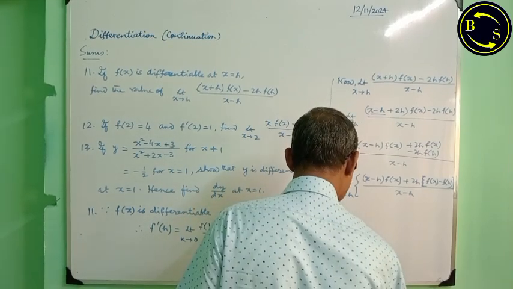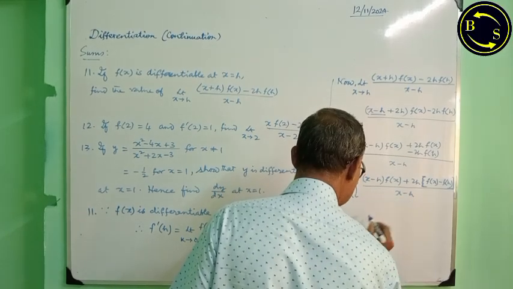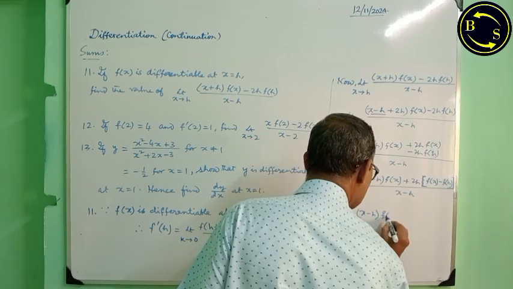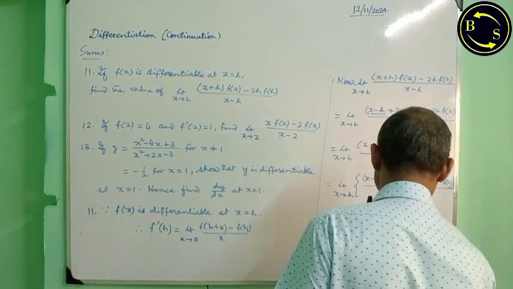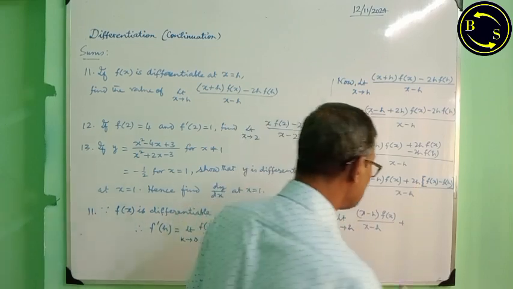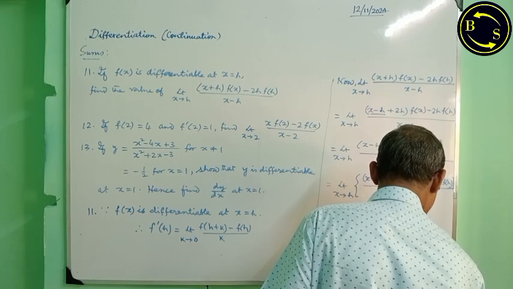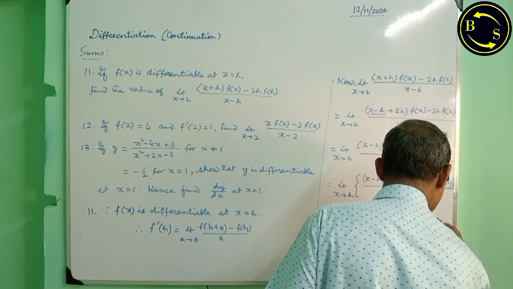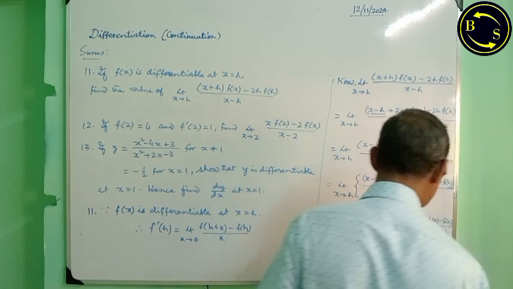Limit x tends to h, this part by this part, x minus h whole into f(x) divided by x minus h plus h is constant, therefore this 2h can be taken out. Limit x tends to h of f(x) minus f(h) by x minus h.